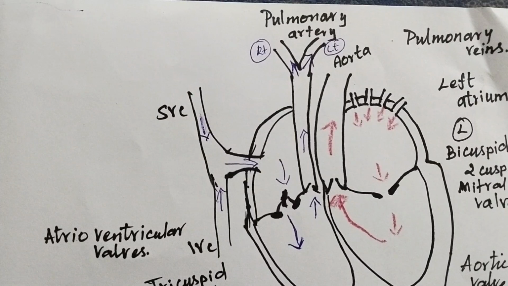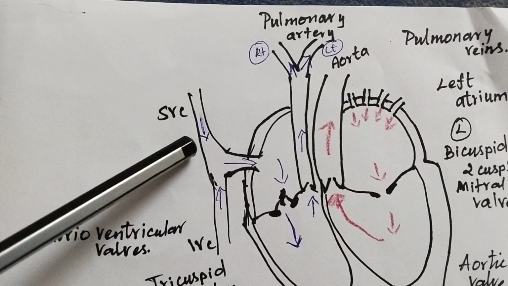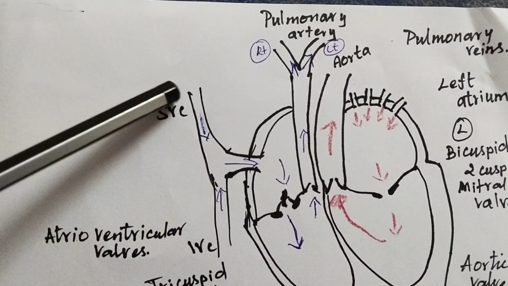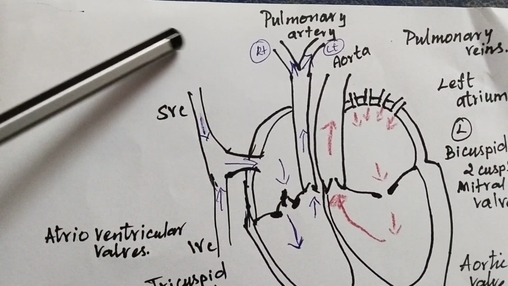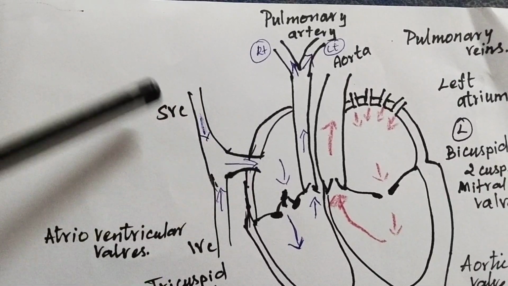The blood will flow back from venous capillaries into the venules, through the veins and into the heart. The largest veins are the superior and inferior vena cava. See, right atrium, superior vena cava, inferior vena cava. The superior vena cava brings blood from the upper part of the body, the head and the upper arms.